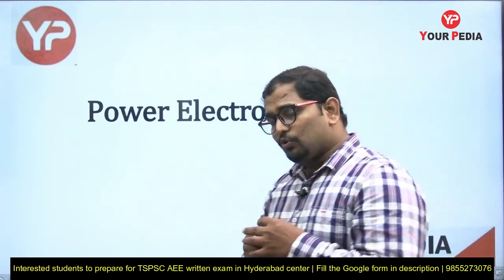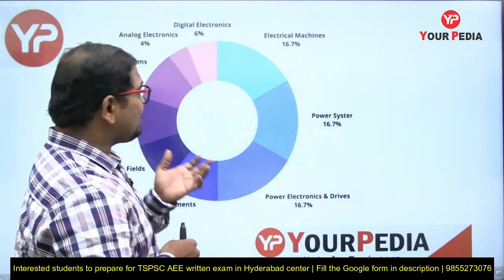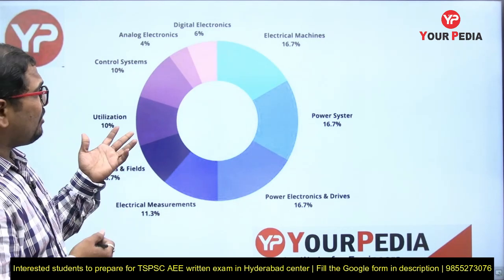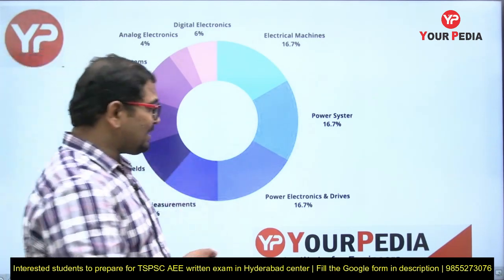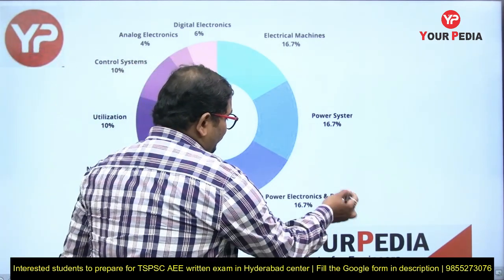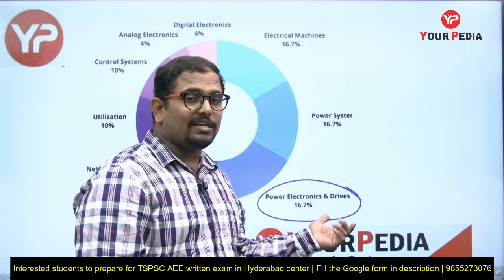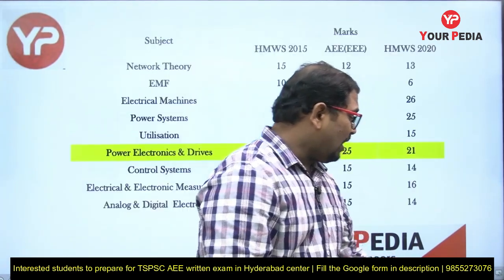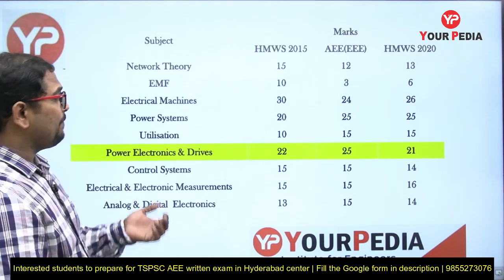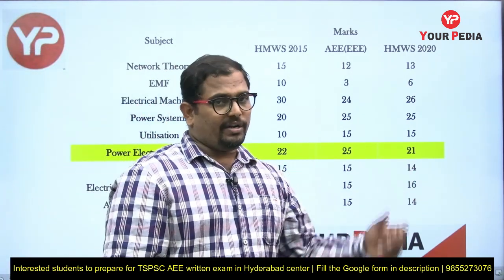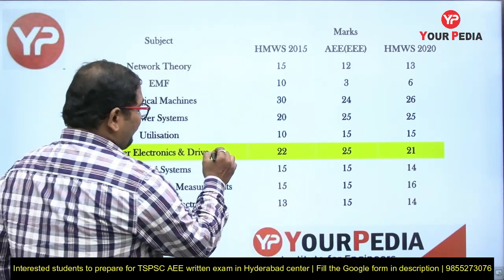Okay, now let's move to the first slide. This is the usual subject-wise weightage in terms of percentages. Which subject are we discussing now? We are discussing power electronics and drives, which has 16.7% weightage, or in terms of question numbers, around 25 questions, or 50 marks.